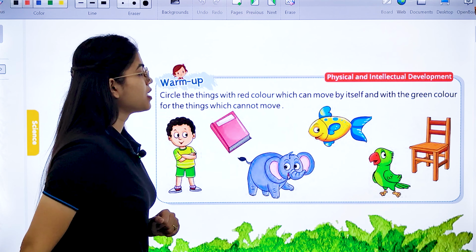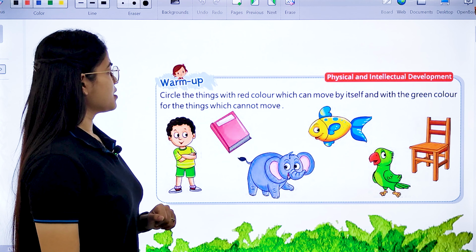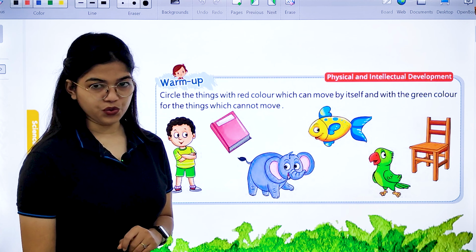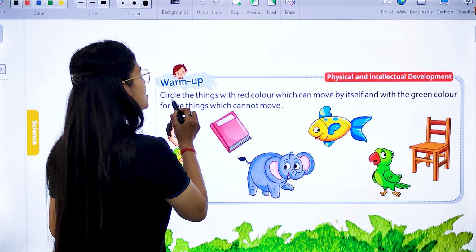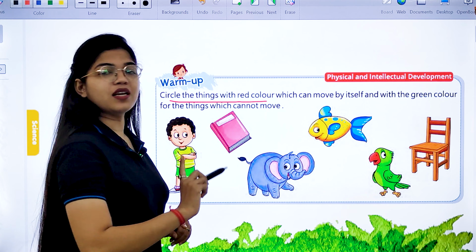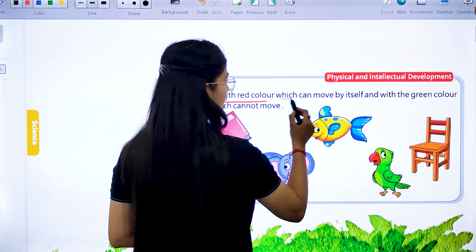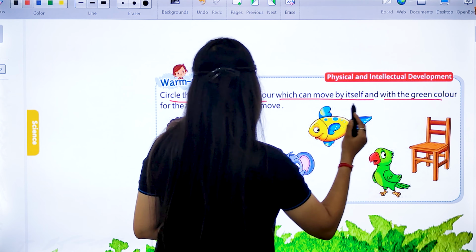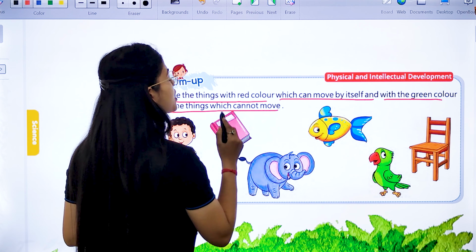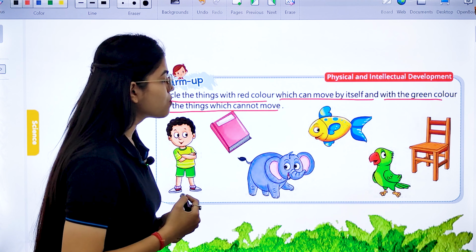First of all, students, they have given you an activity to do in which you have to circle the things with red color which can move by itself, and with the green color for the things which cannot move. Means what?